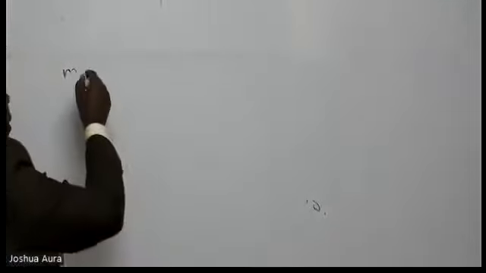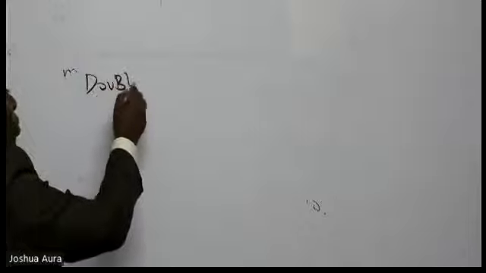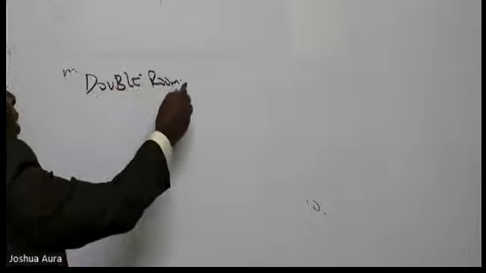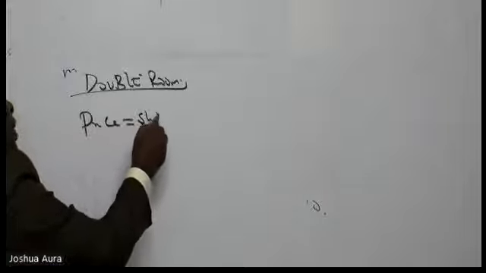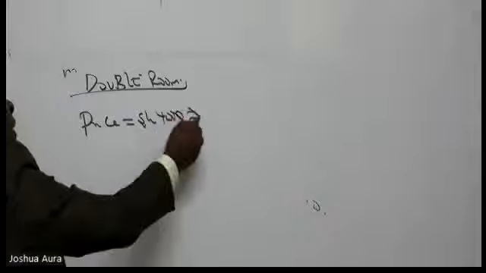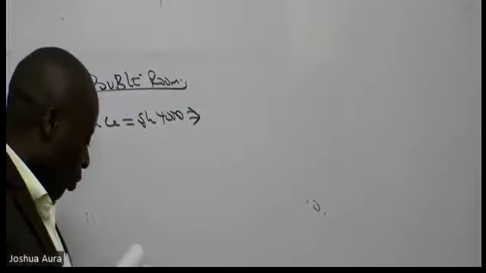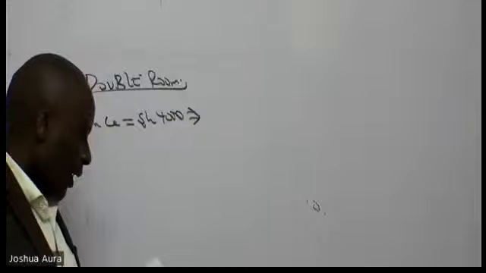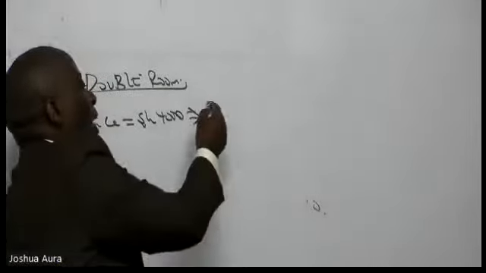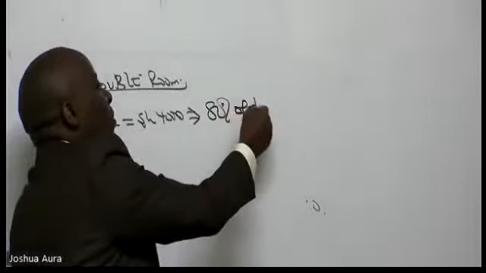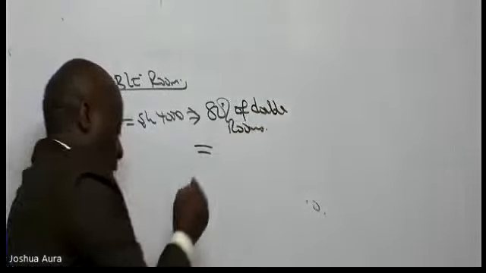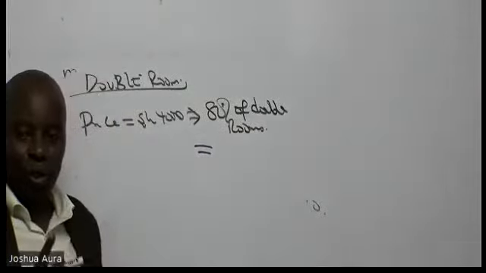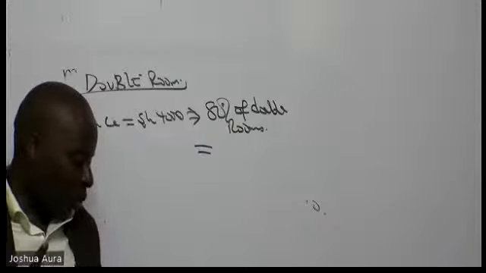Now here, they are talking about double rooms. They've told us something there, that when we charge a price of shillings 4,000, we shall get an 80% occupancy. 80% of double rooms will be full. If we charge 4,000, look at note number 3.